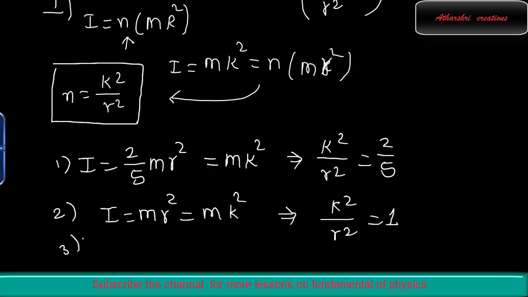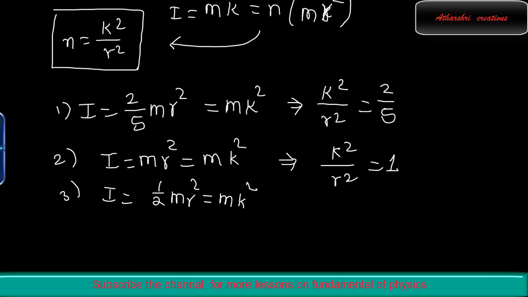In the third case, for a uniform disk, I equal to 1/2 m into r square, which is equal to mk square. This implies that again k square divided by r square equal to 1 by 2.